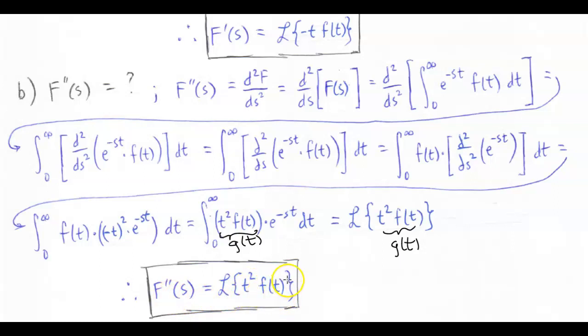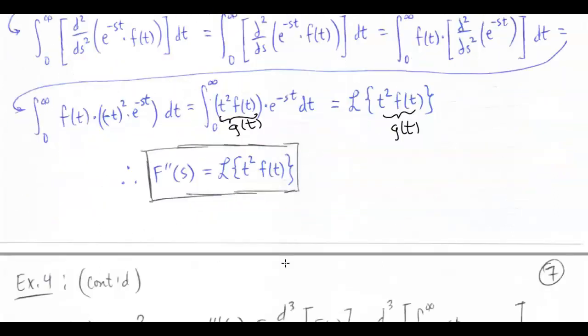So we're starting to kind of see a pattern emerge where if our order of derivative is odd, we're going to have a negative t raised to the whatever the order is. And of course, if it's even, it's going to be positive t raised to the whatever the order is times f of t. So we're going to do this again so that we can confirm that pattern before we make a decision on what the nth derivative of a Laplace transform is going to be.